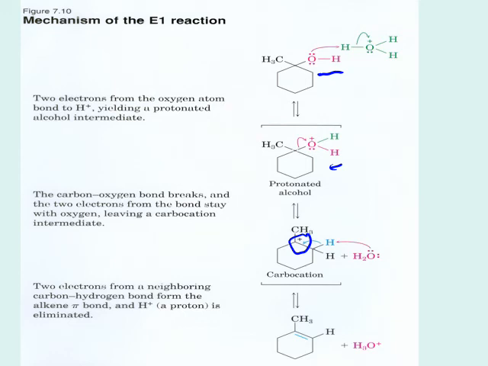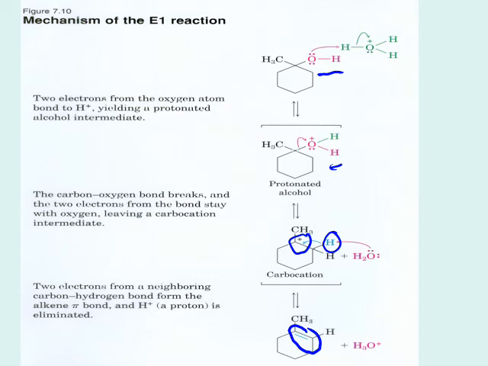Then once the carbocation is formed, this hydrogen leaves from the adjacent carbon, and there's a new bond formation here. You can see there's a double bond formation, and that's E1 reaction.